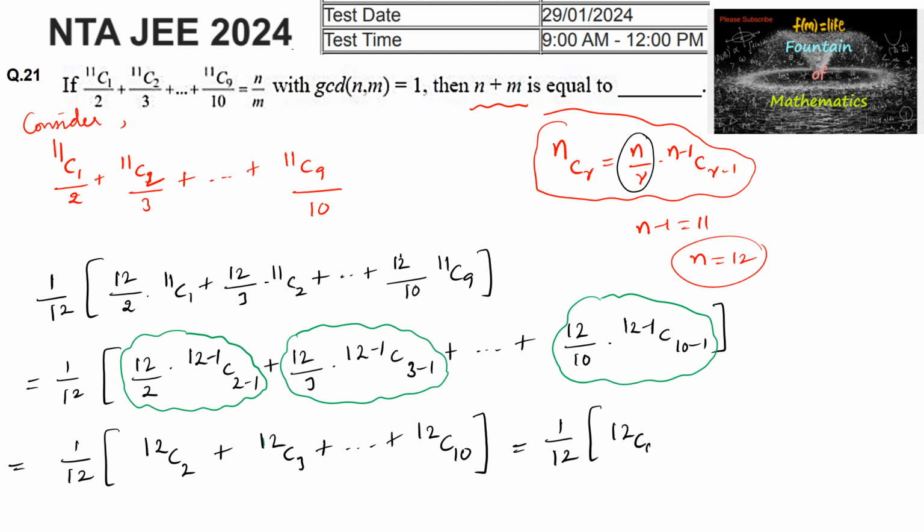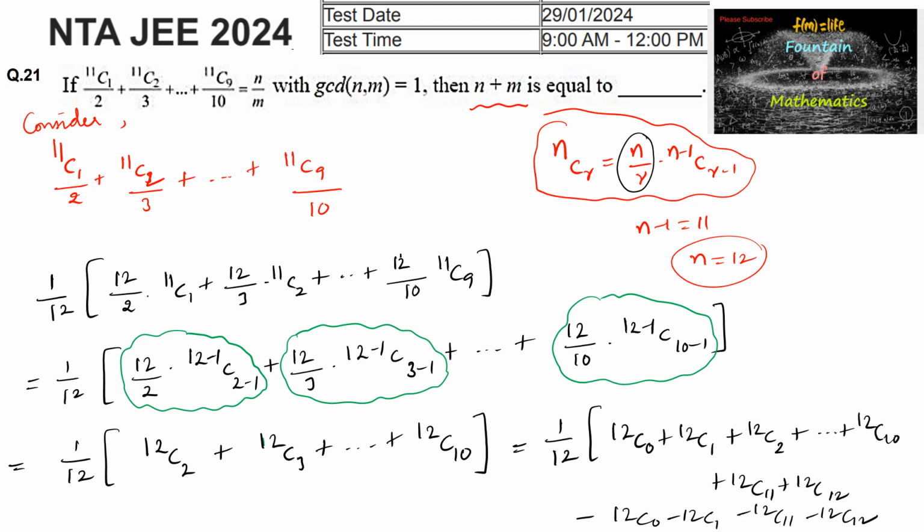So let us add 12C0 + 12C1 + 12C2 and so on up to 12C10 and again + 12C11 + 12C12, adding and again subtracting them. So minus 12C0 − 12C1 − 12C11 − 12C12.